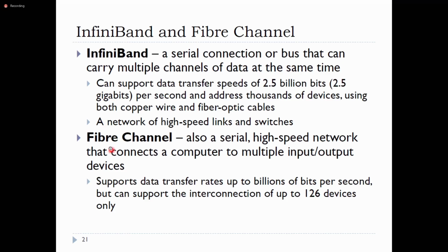And another is, as the name implies, Fibre Channel. It's also a serial high-speed network interface that connects the computer to multiple input-output devices. That means you can understand that a server PC has to connect through a Fibre Channel, and it can support data transfer rates up to billions of bits per second, but can support interconnection of up to 126 devices.